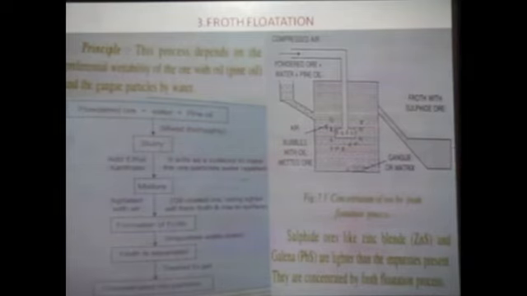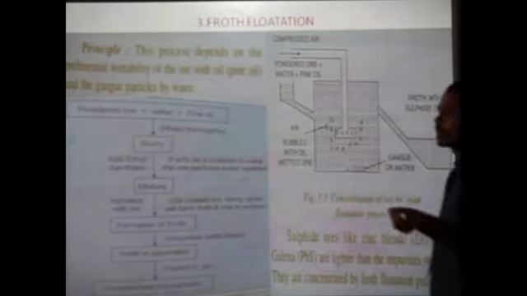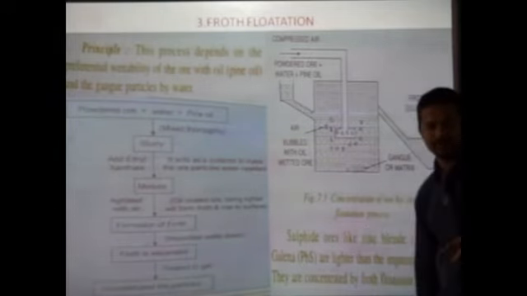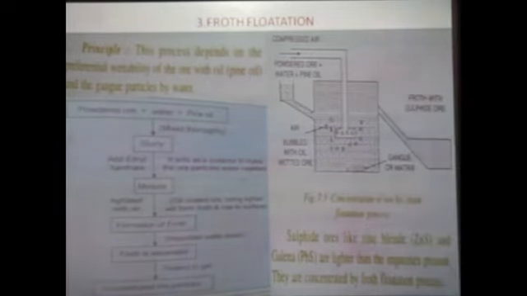Let me recap. The first method for concentration of ore was gravity separation, generally done for iron ores and tin ores. The second one was magnetic separation, generally done for non-magnetic ores where impurities are magnetic.